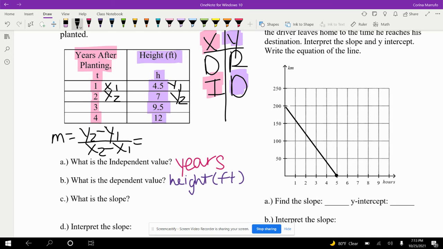Okay, so then I'm going to go ahead and subtract 7 minus 4.5 on top. And on bottom, we're going to subtract 2 minus 1. And I'm going to go ahead and put this in my calculator. 7 minus 4.5, that gives me 2.5. And then 2 minus 1 gives me 1.